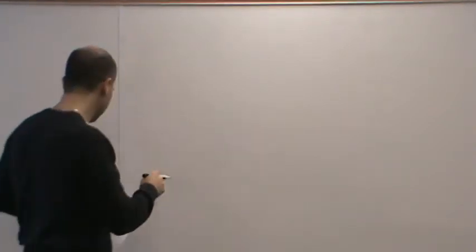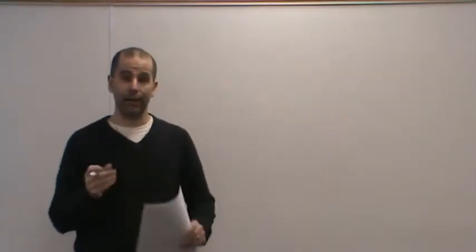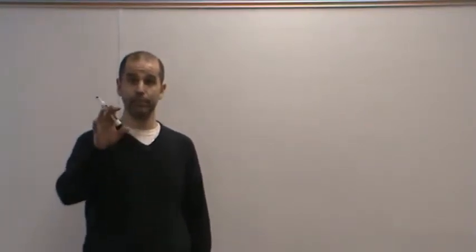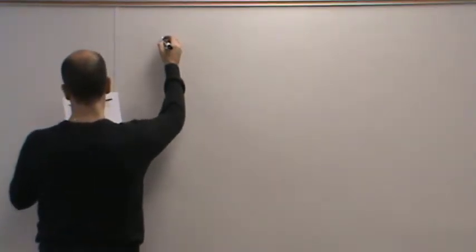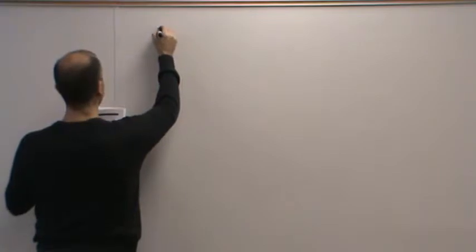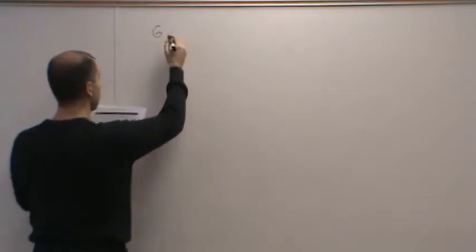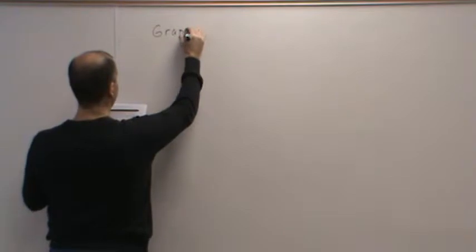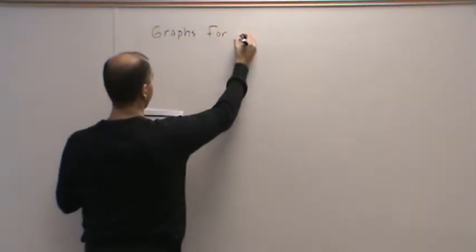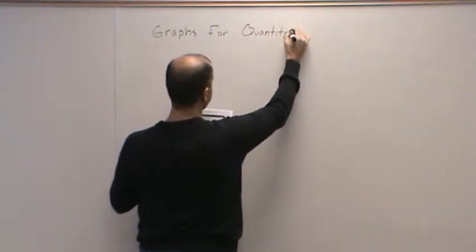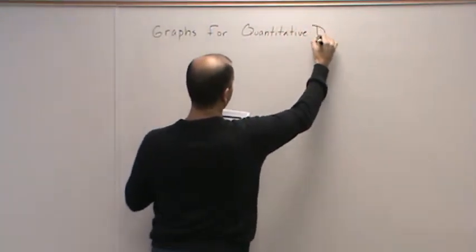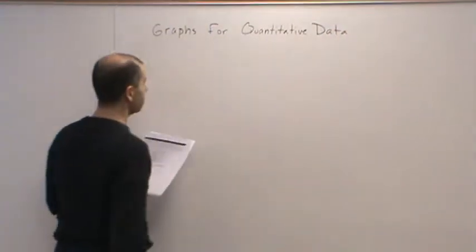Okay? So I'm going to take the table on page 49 and I'm going to construct how I would do the table so that I can add the class boundaries easily, okay? So let's see here. So again, let me write out, I forgot to put this title on for today. So graphs for quantitative data.